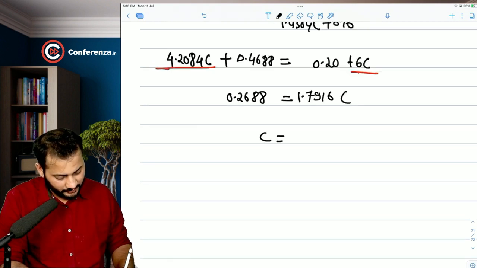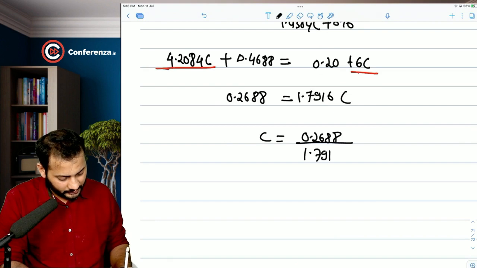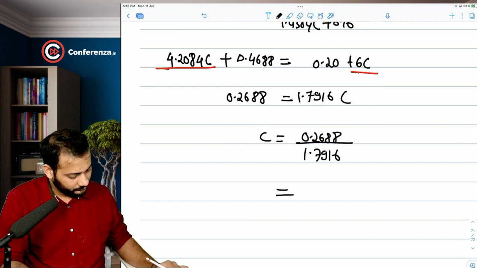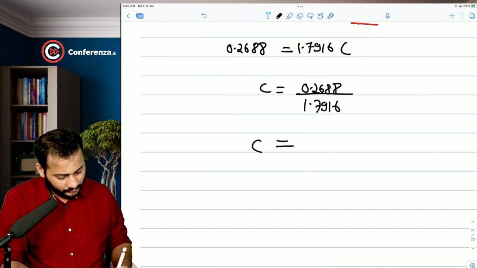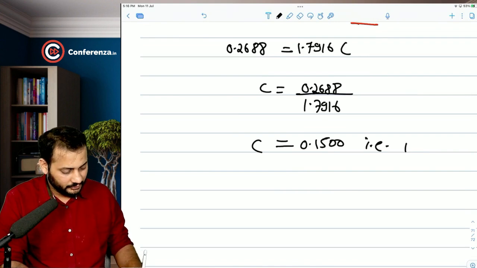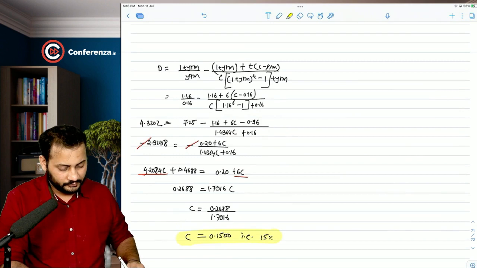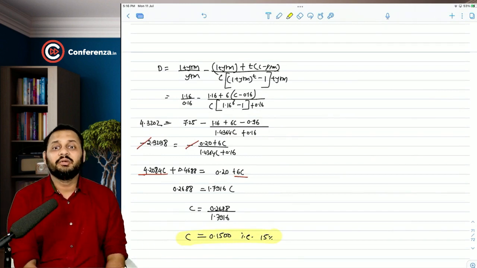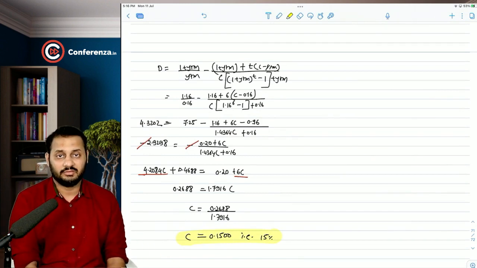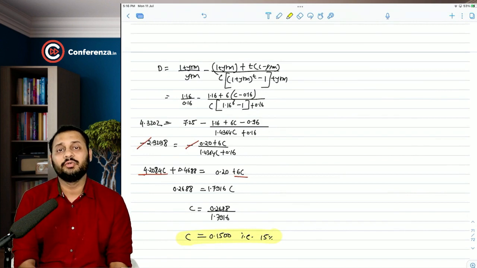So C will be 0.2688 divided by 1.7916. It goes to 0.1500, that is 15%. How simple it is. But you need to remember the formula. That was something new in this question.